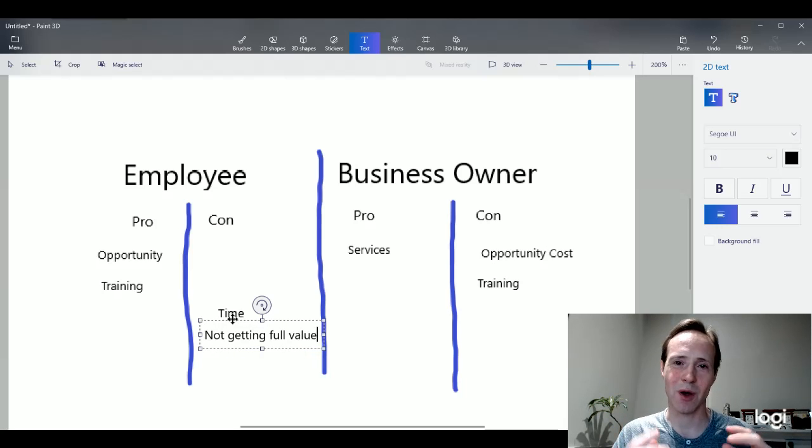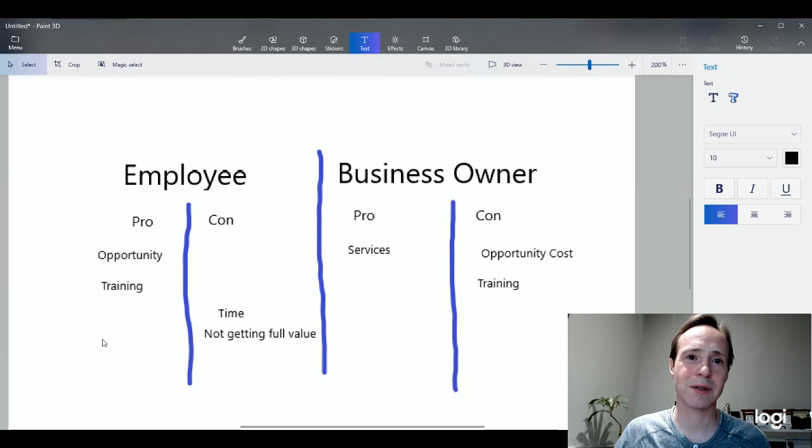The employees will always see that they're not getting their full value because they will say, well, somebody is making a profit off of my labor. And that is a misconception, because they don't see that they're actually getting a benefit. And I'm going to tell you what that benefit is.